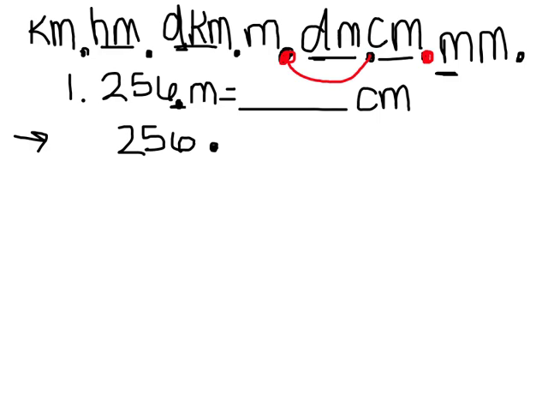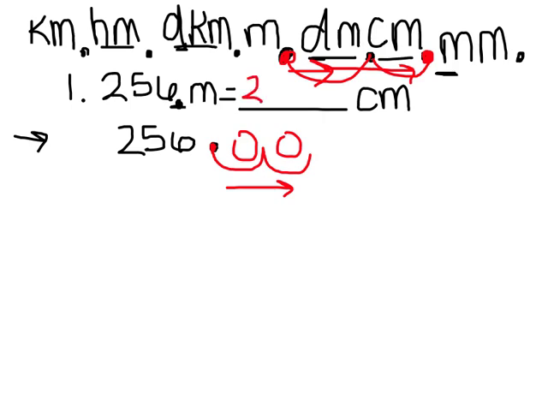So I'm going to bubble once, and I'm going to bubble twice. Here I am at my decimal point, which is where I start. I'm going to go 1, 2, and this is the direction that I had to move from meters to centimeters. That's the same direction that my bubbles are going to go. So that means my answer is 25,600 centimeters. So that's number 1.